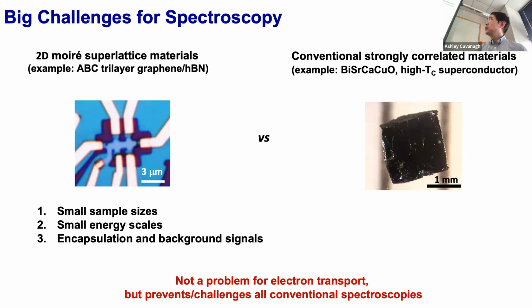And the third thing is, we can enjoy the benefit of using electrical voltage on the gates to tune properties of these 2D stacks, but at the same time, it's a double-edged sword. The existence of the encapsulation layer and the gate layer sometimes could completely dominate the signal that you wish to extract from the layer you actually care about. All these add up to make spectroscopy measurement in such small 2D systems extremely challenging.